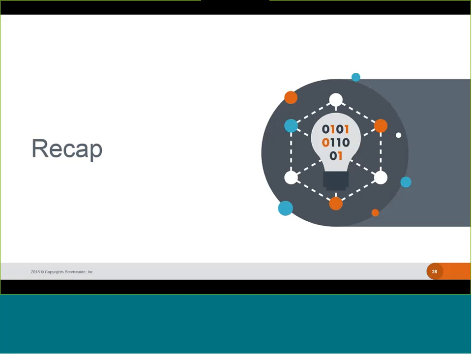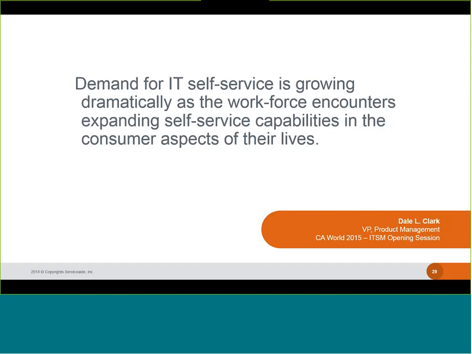So really that covers the basics for Luma and CA IT service management products. And I've just got a couple of items I'd like to recap as quick takeaways. First and foremost, the demand for improved self-service capabilities is not new news today.